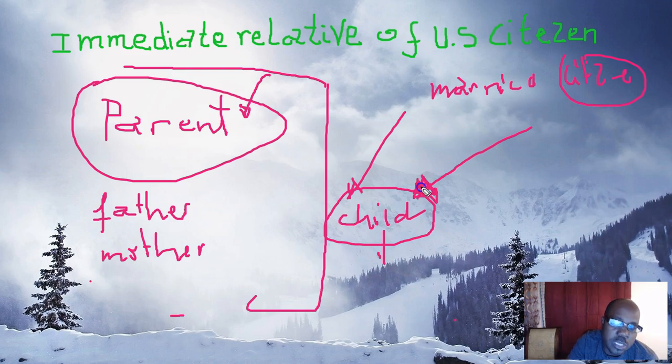For example, if the stepchild is under 21 years old, it is an immediate relative. If the stepchild is over 21 years old, the US citizen can still file for your child as long as the marriage occurred before this child turned 18, but that's not going to be an immediate relative.